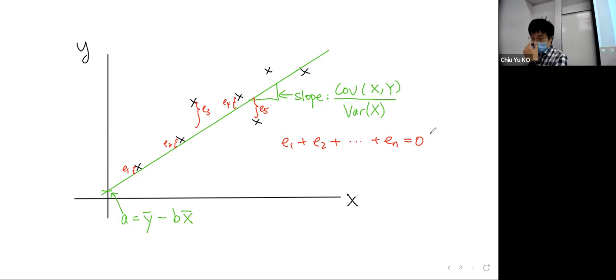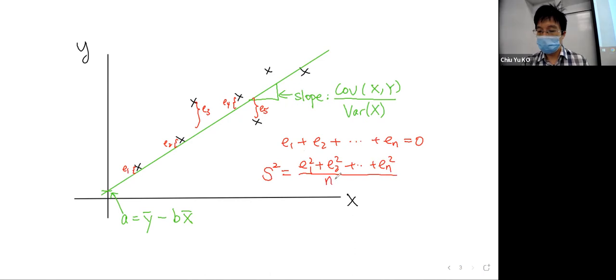Second, we try to estimate sigma square by S square. S square will be just E1 square, E2 square, up to En square, over n minus 2.